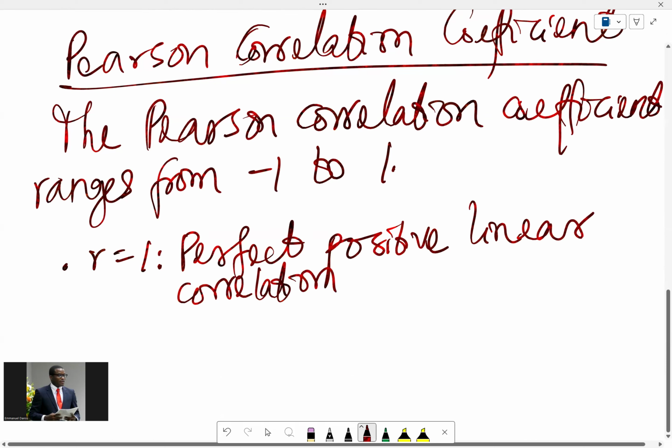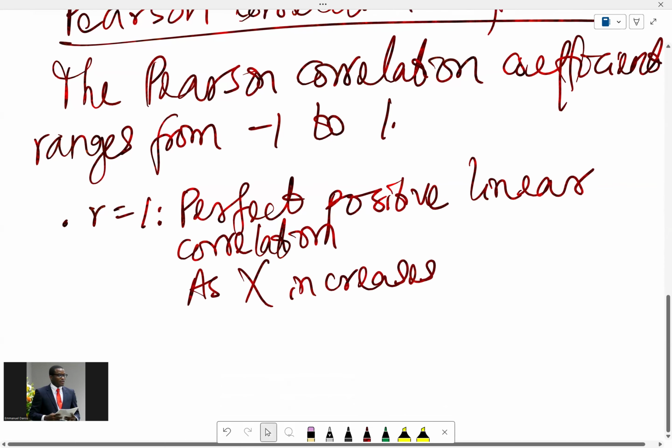That simply means that if you have variables Y and X, as X increases, Y also increases proportionally.